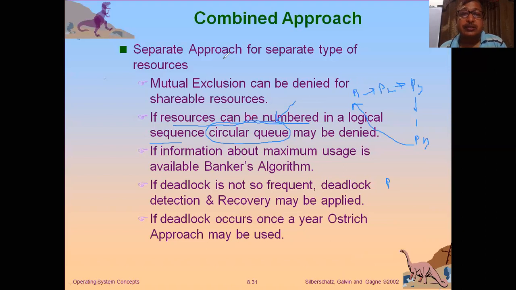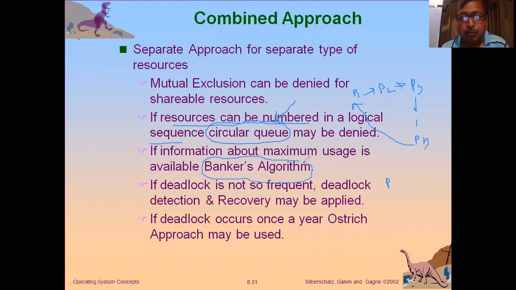But there are certain types of resources in which this numbering is possible, okay, and if we are able to number the resources in logical sequence and deny the circular queue, we can prevent the deadlock. Banker's algorithm is very important and frequently used.